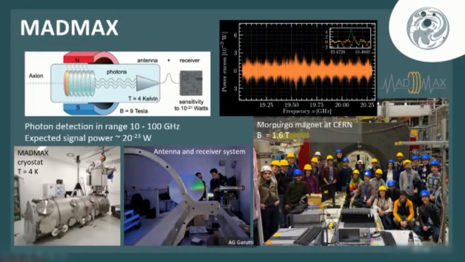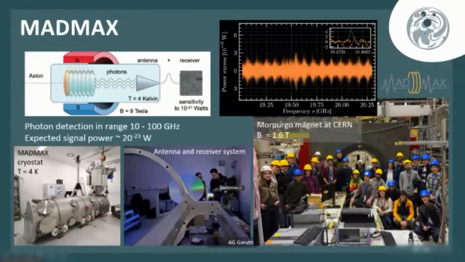What we will put in there is a parabolic mirror shooting the photon beam into the antenna, the receiver, 20 to 100 gigahertz. If anybody in the audience has a solution for how to read photons in the range of 100 gigahertz with a power of, sorry, this should not be a 20, obviously, but 10 to the minus 23 watt.